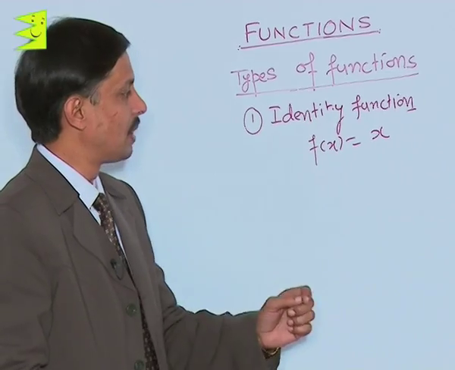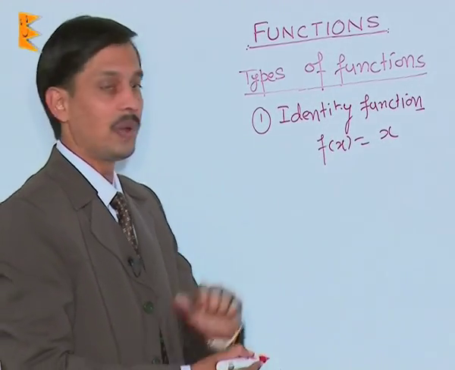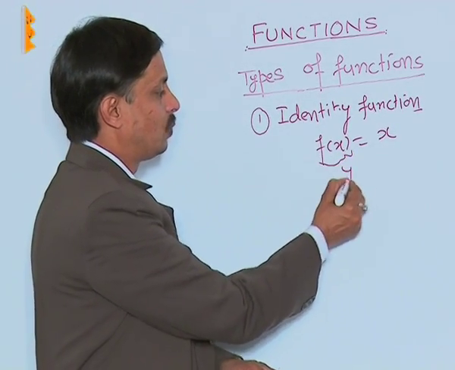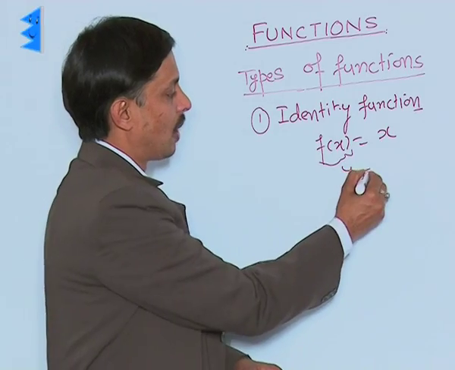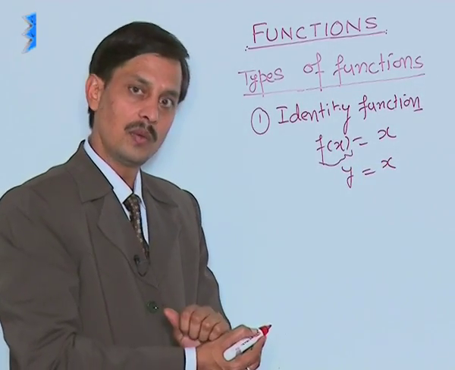meaning whatever value we take for x, the answer of f(x) is the same. In general, you know very well, f(x) we say y. So y is equal to x is known as our identity function.